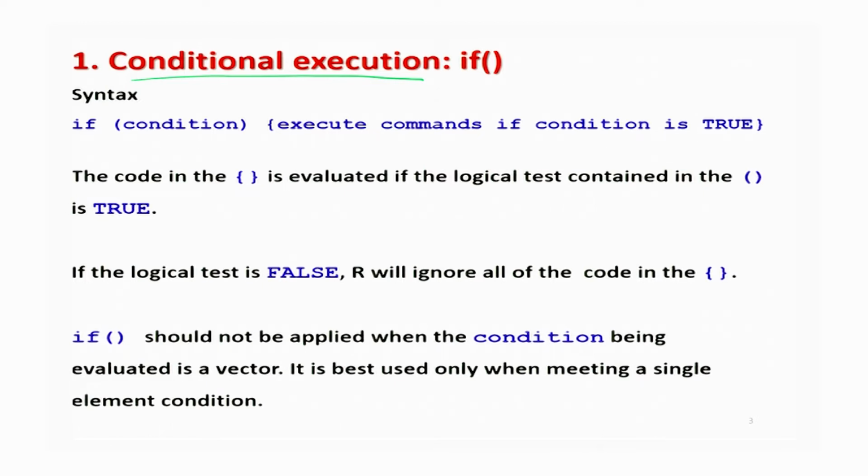These conditions can be one or more than one. Based on that, we have different types of syntax and commands in the R software, and among them we are going to discuss first the if condition. That is the popular name, that is how we address it.